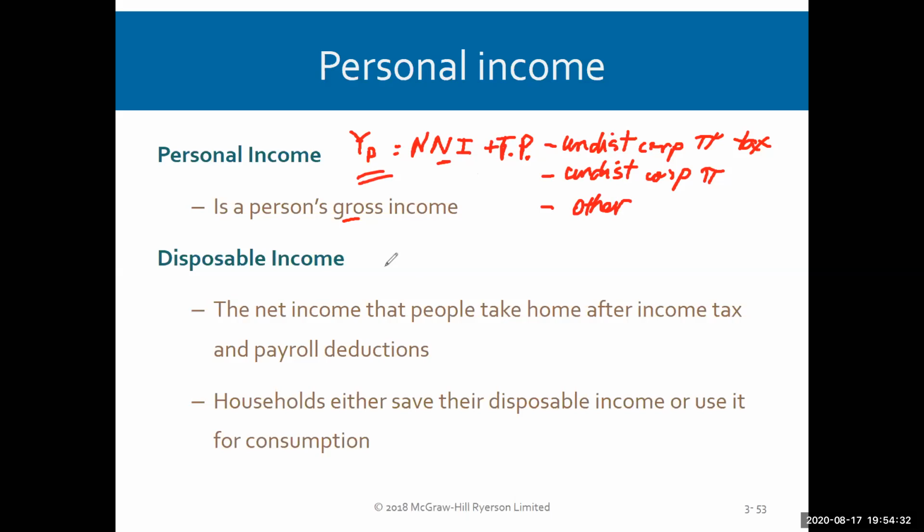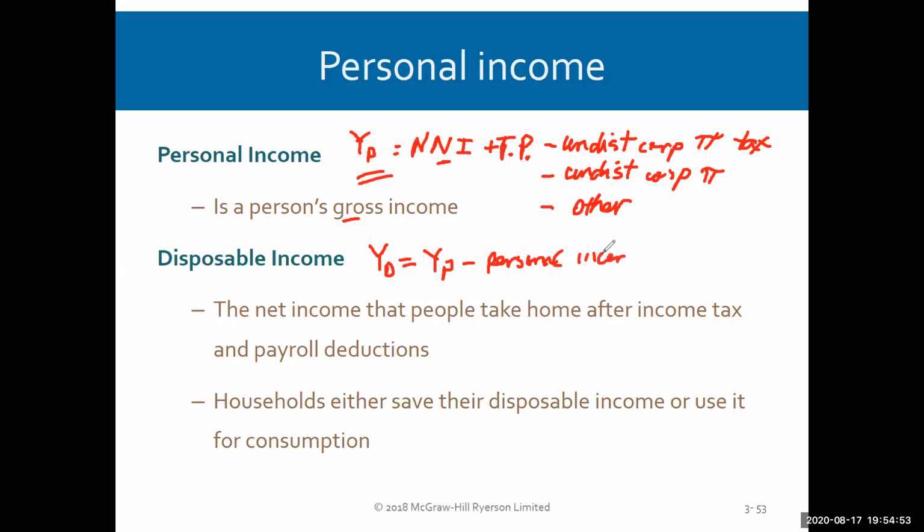So that's the formula you need to know to do some of the work in the text and then Connect. And then disposable income is what I really just get to take home and use. And all that is my gross income minus the taxes that I pay on that. So it's minus personal income tax. That one is probably a lot easier for you to intuitively grasp.